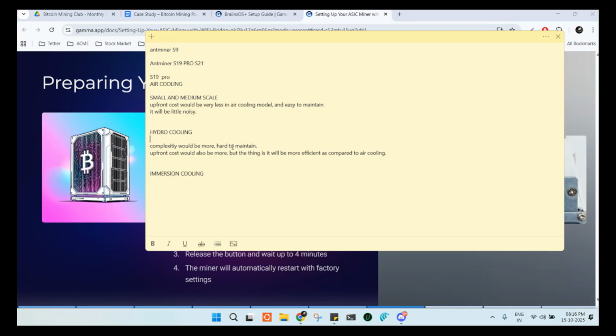So here, if you are working for any industry or you are a professional Bitcoin miner, then most probably you will be using hydro cooling. And sometimes for home purposes, let us suppose you are putting a miner inside your home, that time also sometimes people prefer hydro cooling because it is less noisy as compared to air cooling.